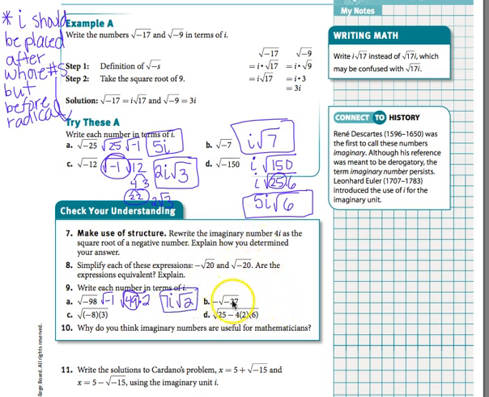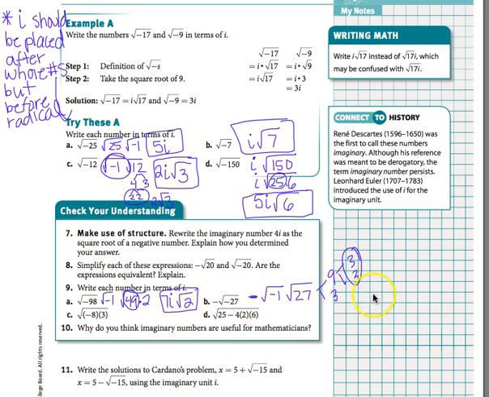For part B, I've got that negative outside, so be careful with that. Then for the 27 I know is 9 times 3. 9 is 3 times 3. So I have a 3 that gets to come outside as well as a 3 that's stuck inside. Now be careful with this one.